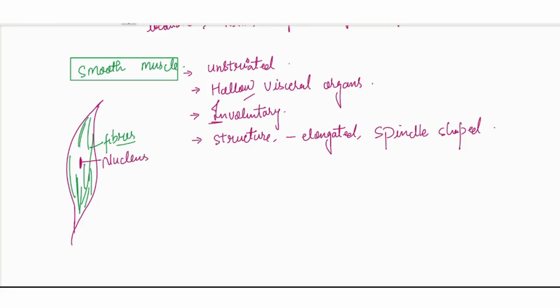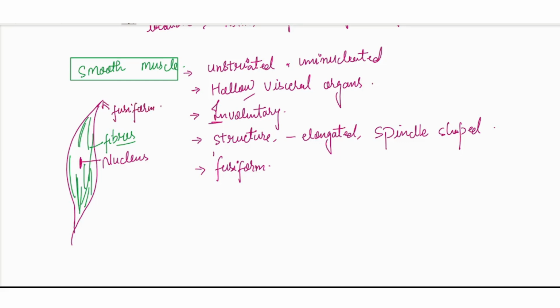So it is uninucleated because only one nucleus is present. But in skeletal muscles we have seen more than one, so it was multinucleated, right? And here the spindle shape with tapered ends is known as fusiform. Fusiform is this point, the tapered ends. This is known as a fusiform.